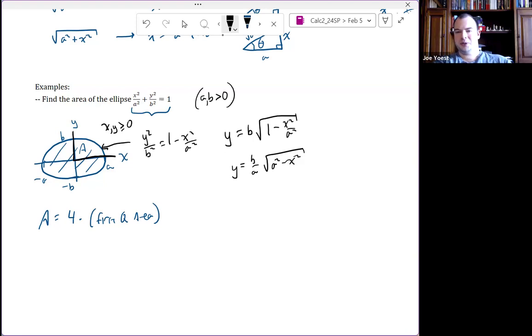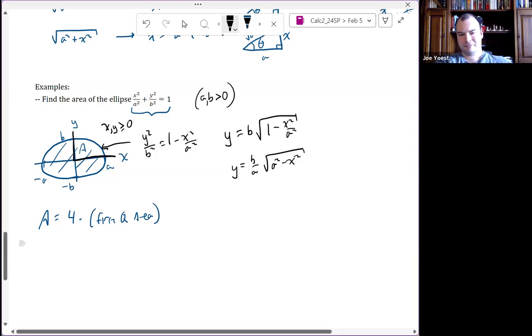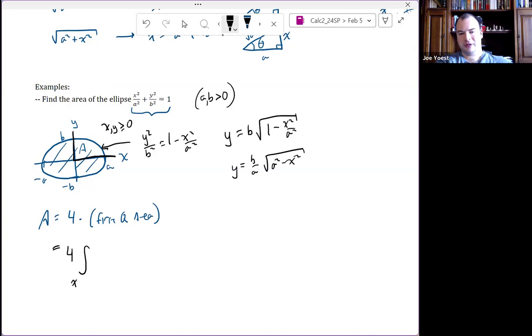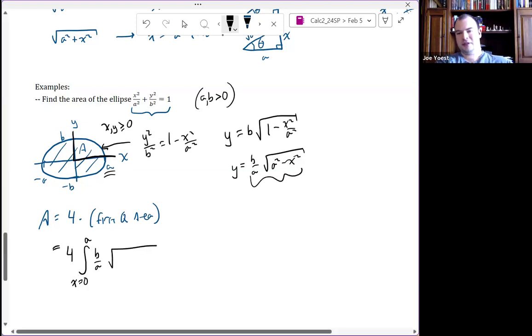Right, I do a squared over a squared for the 1, and then the a squared in the denominator comes through the radical, hits the square, and that comes through as an a. So I'm going to integrate from x equals 0 to x equals a of this thing dx.